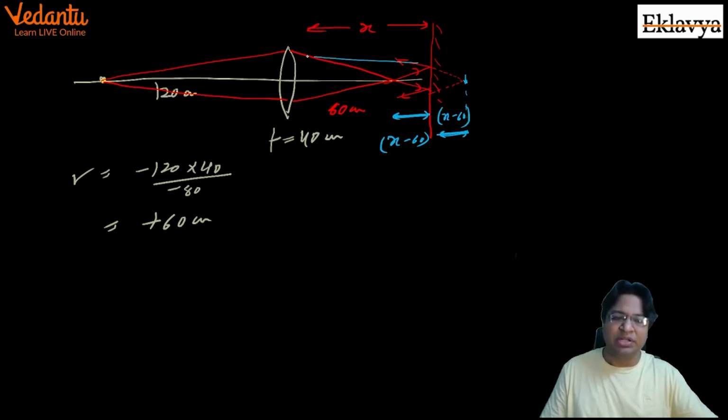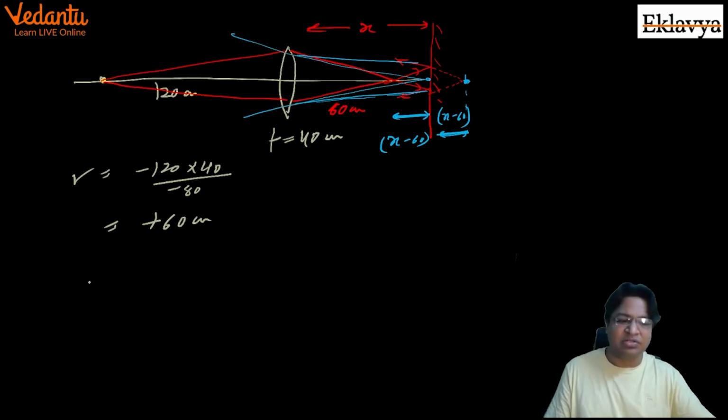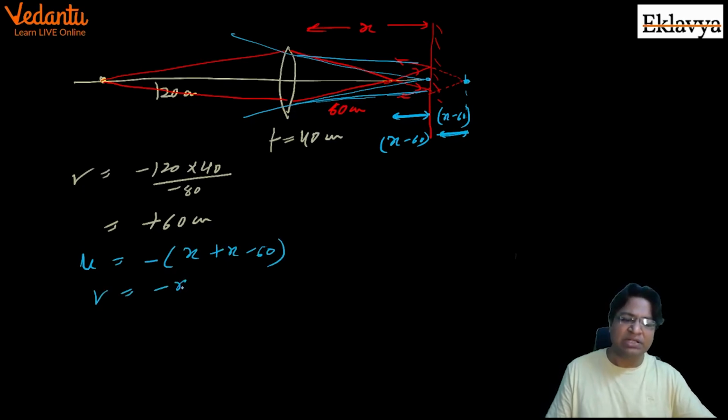So when these rays go and again pass through the lens, the object would be considered at this point, and now we want that after refraction from the lens, they should appear to be coming from this point. So for this refraction on the lens, u is actually minus of x plus x minus 60, v is actually minus x, and the focal length is plus 40.